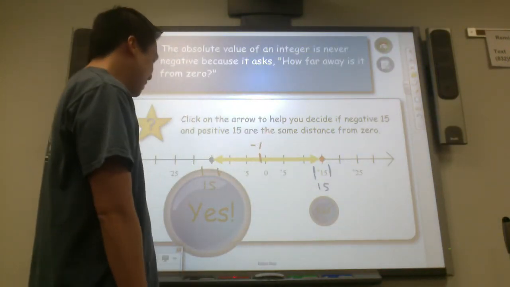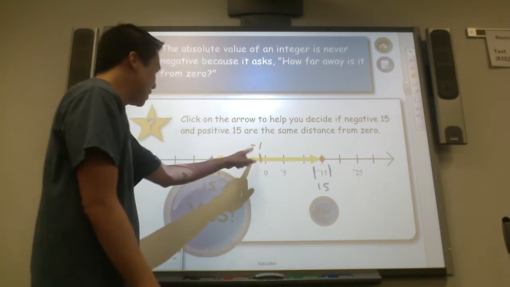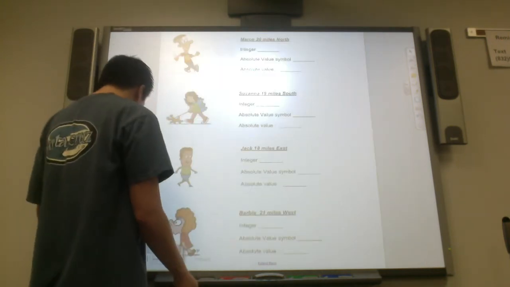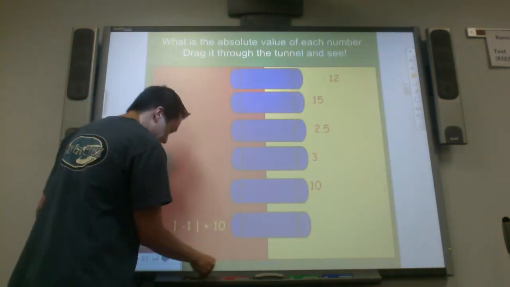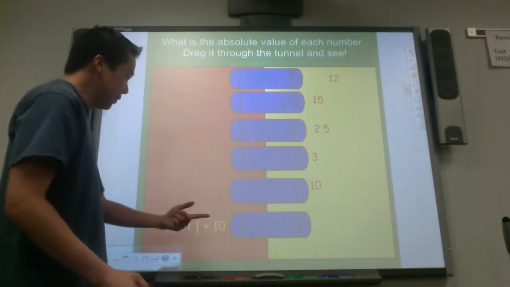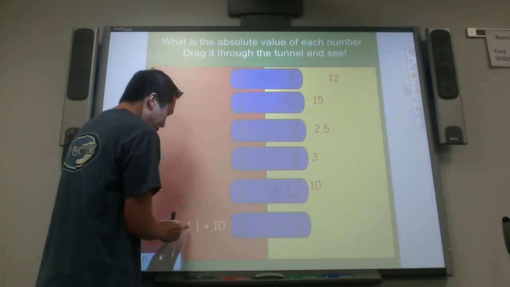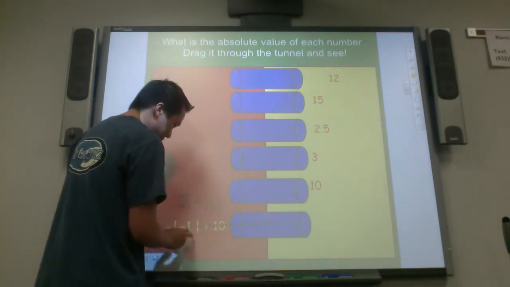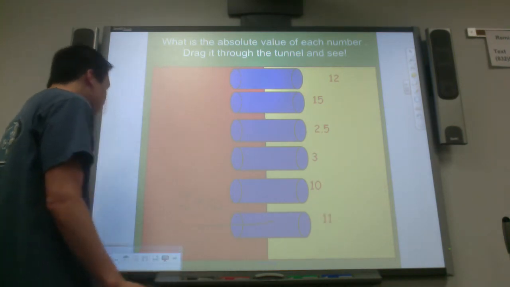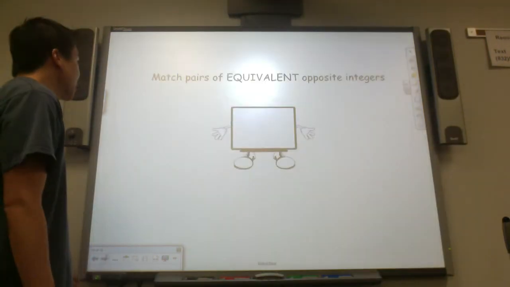What's the total distance? Negative 1 is 1 unit from 0, and 10 units from 0. Isn't 1 plus 10 going to be 11? And it is. Let's go to the next screen.